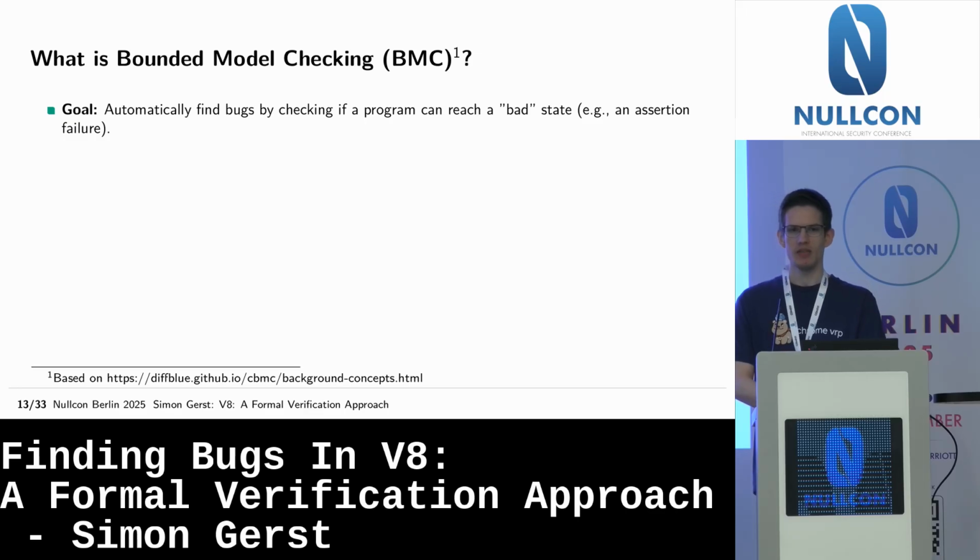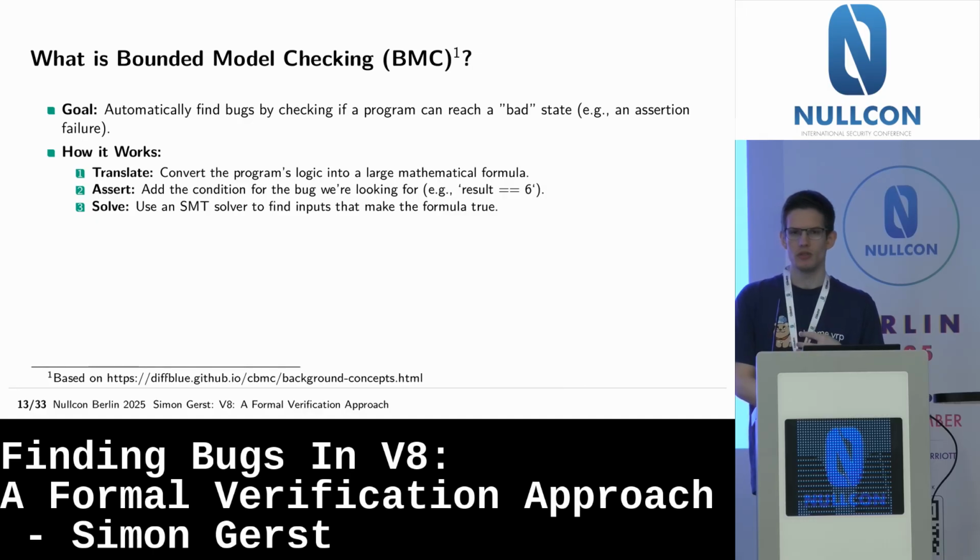And now I have to talk a bit about bounded model checking, because I've used it to do this verification. Basically the goal of automated model checking is to find bugs by checking if a program can reach a state. You have some starting state, and then you can transition to another state, and basically what we're trying to check is whether I can go from the starting state to some bad state, for example, an assertion error.